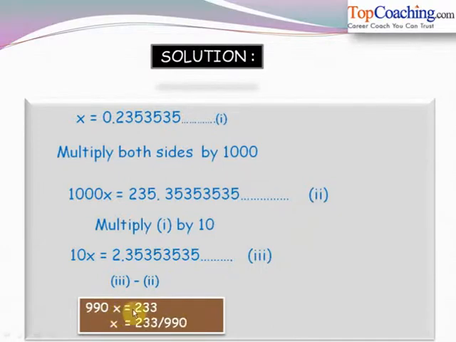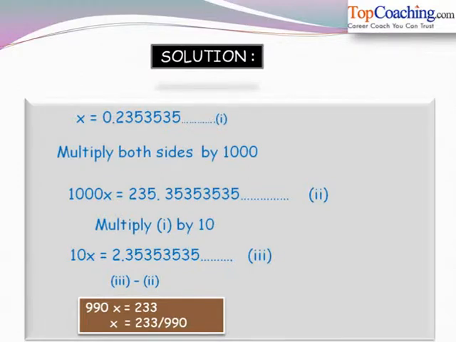When we subtract the third equation from the second, on the LHS we get 990x, and on the right hand side we get 233. So x would be equal to 233 by 990, and this is in the form of p by q, where p is equal to 233 and q is equal to 990.